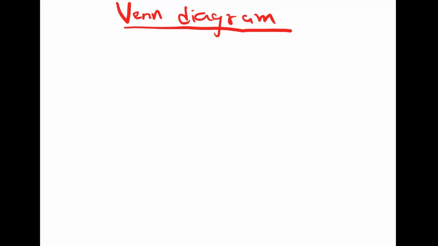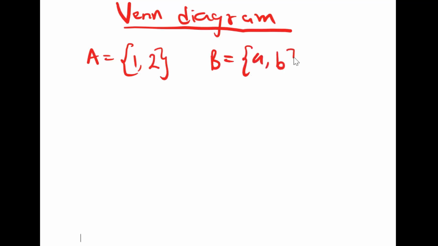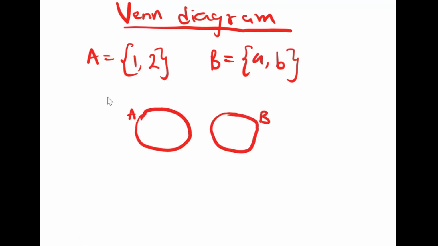Take for instance, if I have a set A as 1, 2, and the set B as A, B. So if I choose to represent this in a Venn diagram, it will be this: set A and another set B with the universal set enclosed.